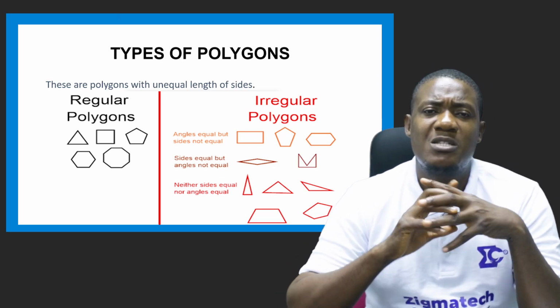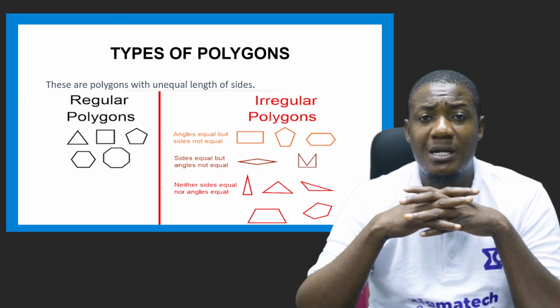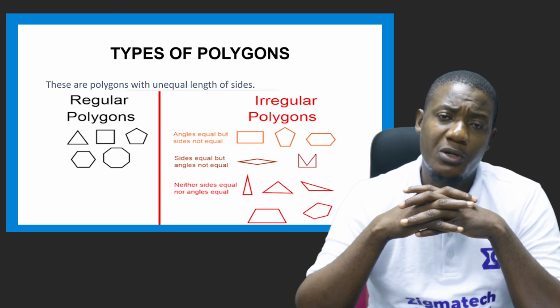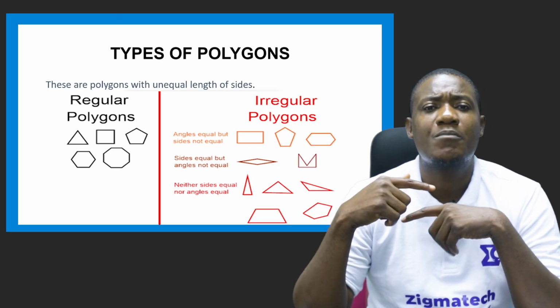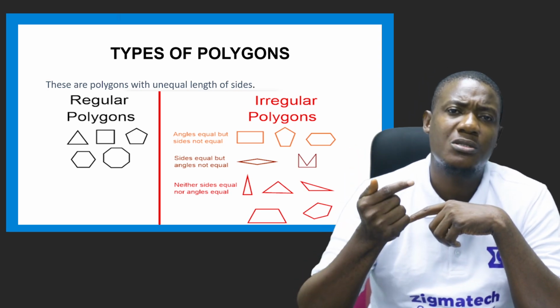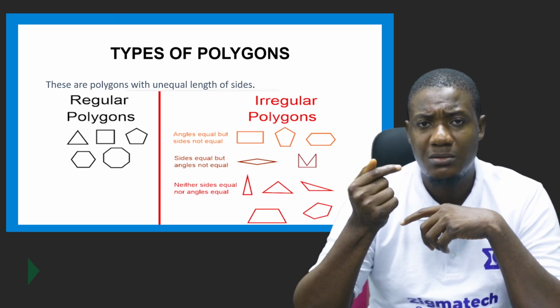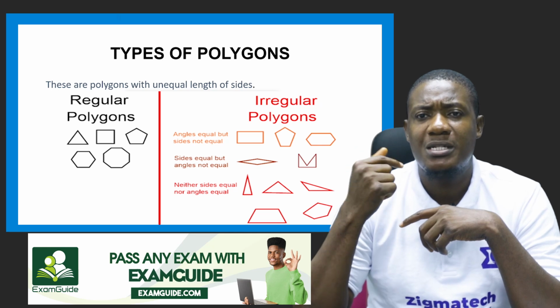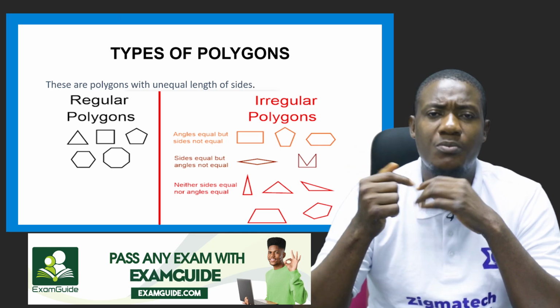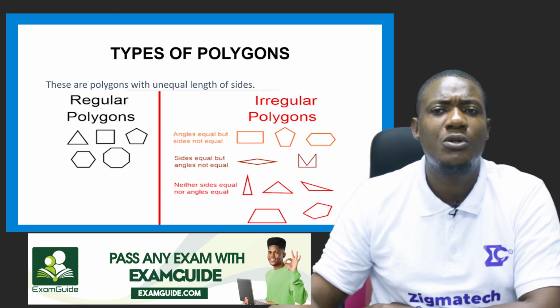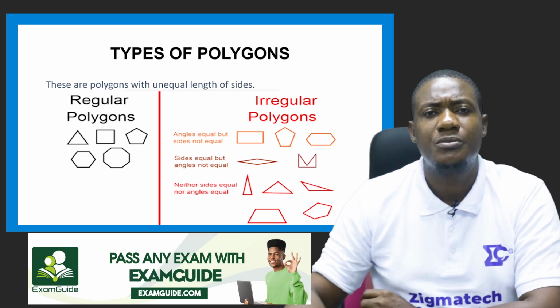So the first polygon on our list is a triangle. I need you to understand that a triangle is a polygon. Then the second, because it's 4-sided, is a quadrilateral. Quadrilaterals are polygons.